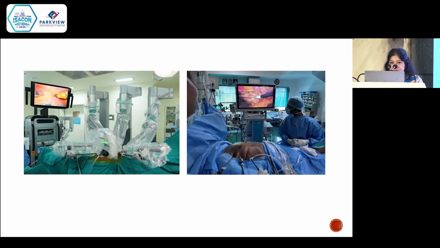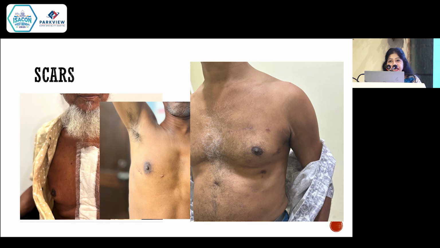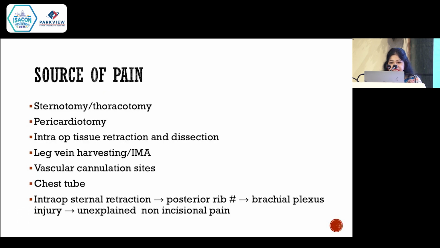And verbal description is only one of the several behaviors that express pain. So if we are not able to communicate pain, that doesn't mean that we don't have pain. We have the possibility of non-communicating pain, and that has to be kept in mind, especially during the OT and in pediatric patients.